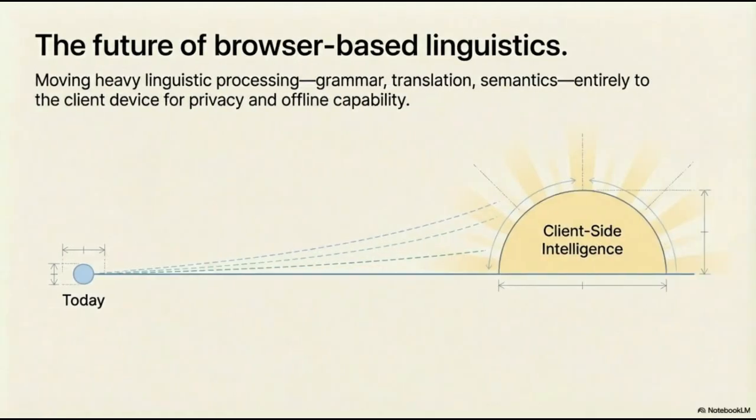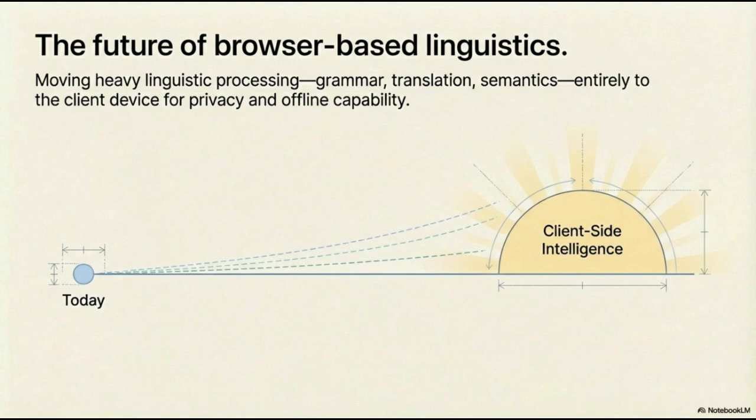The landscape of browser-based linguistics is undergoing a fundamental shift. Currently, most advanced language processing relies on remote servers, but we are moving toward a future where heavy linguistic tasks, including grammar correction, translation, and semantic analysis, are handled entirely on the client's device.